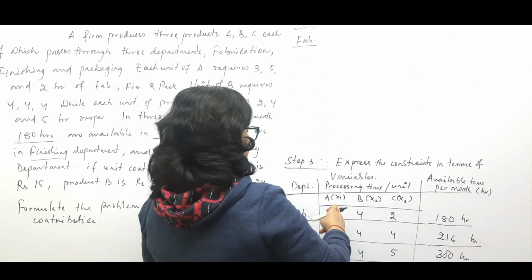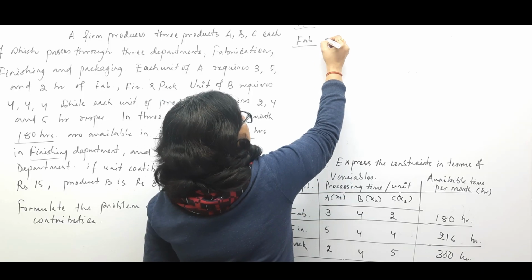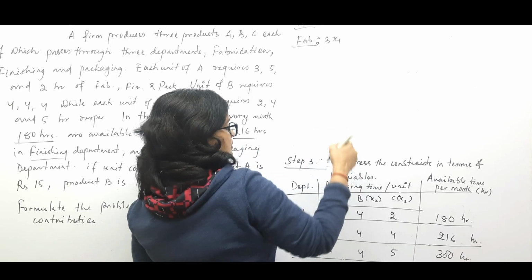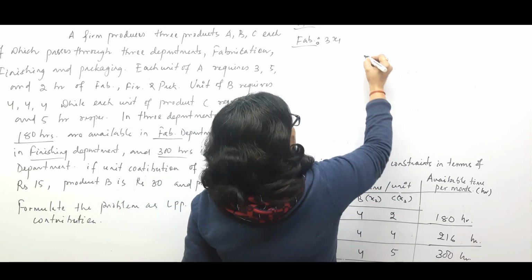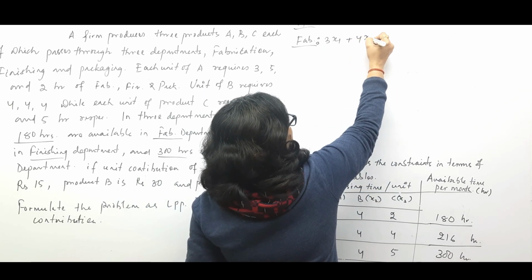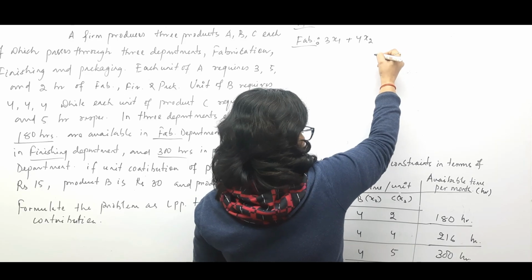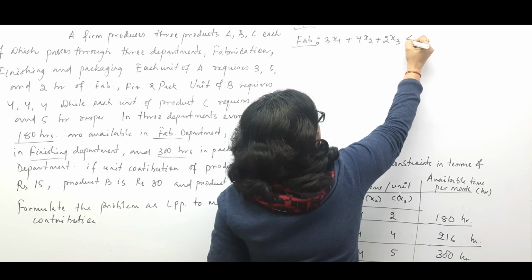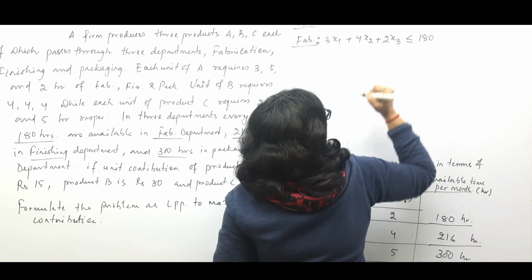So we can write 3x1 plus 4x2 plus 2x3 less than or equal to 180.